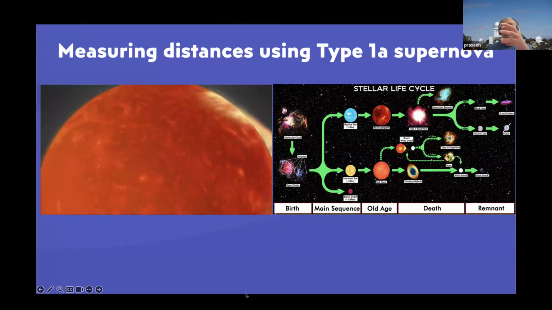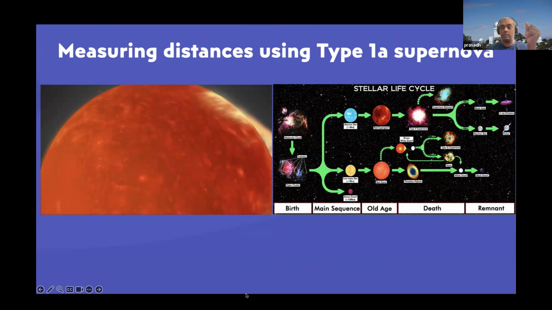So they go through some nuclear fusion reactions at the center and become something called white dwarf stars, if you have heard about it. These white dwarf stars are very tiny, and they have carbon at the center.